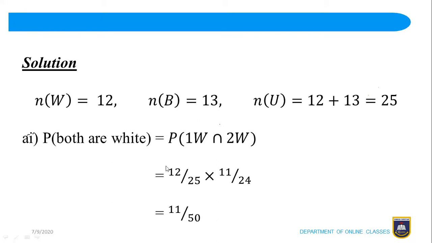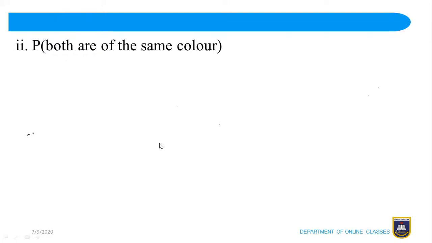Let's move to the second part. Both are of the same color. We want to find the probability that both are of the same color. Kumi Monica, how do you do that?